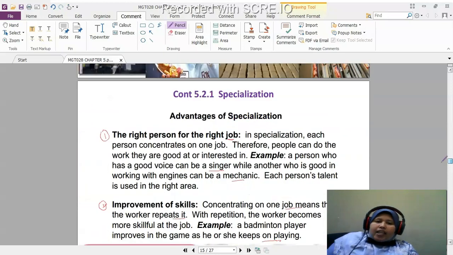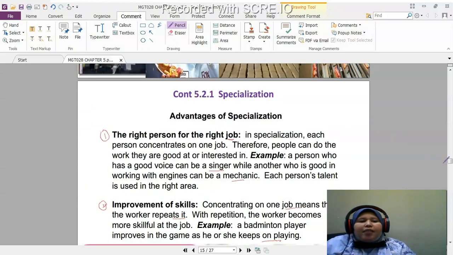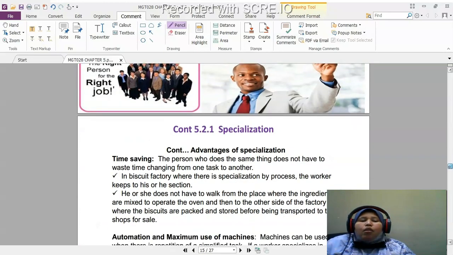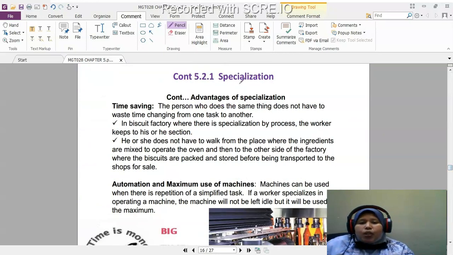But if there are advantages or pros, there are always disadvantages or cons. Ini sambungan dia. Advantages lagi. Time saving, the third one. The person who does the same things does not have to waste time changing from one task to another.